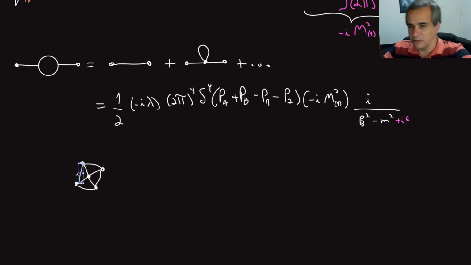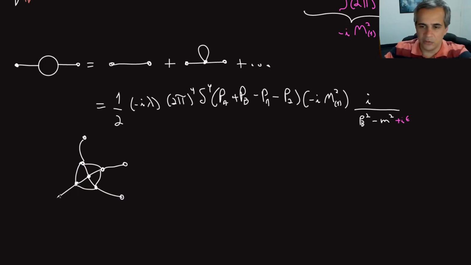And I need to improve my drawing skills. So these are external legs, this is the complicated diagram, and this goes into another complicated part. Again, this could be anything that then goes to an external leg.